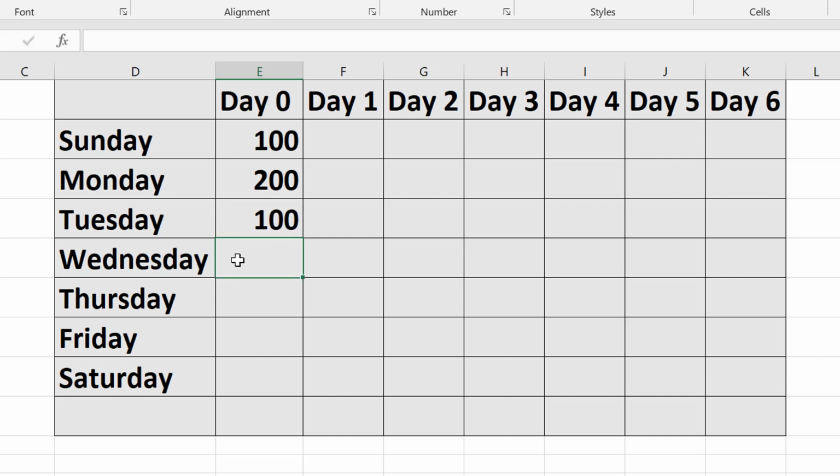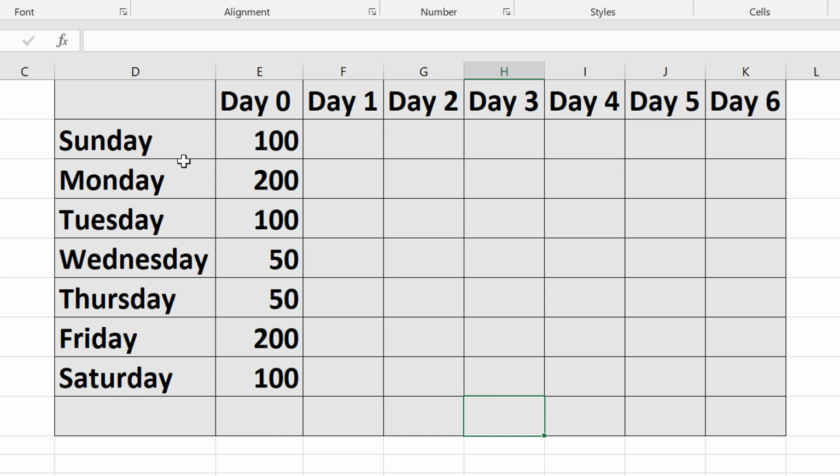Let's say on Wednesday we acquired 50 users. On Thursday, let's say the number of users is 50 again. Then on Friday, towards the weekend, we get 200 users once again and 100 users on Saturday.